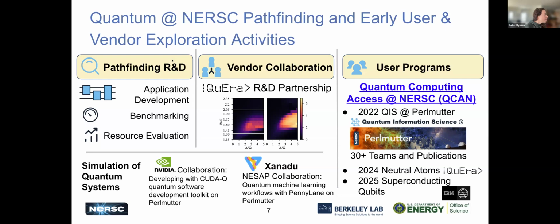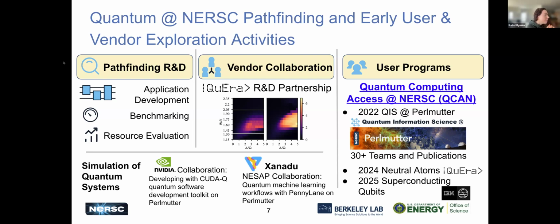So our focus at NERSC has been on these three different areas. First, pathfinding R&D, which is focused on algorithm development, benchmarking of quantum hardware, and understanding resource evaluation for running large-scale quantum applications in the future once we have better hardware available.